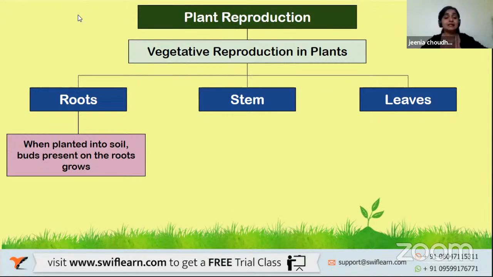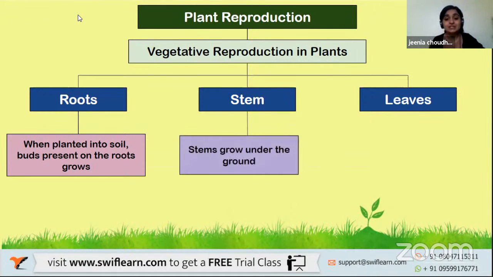Then they put them inside the soil again, and from the old potato the new potatoes start to build up inside the soil. So what is a bud? It is a small, eye-like thing that appears on the roots.